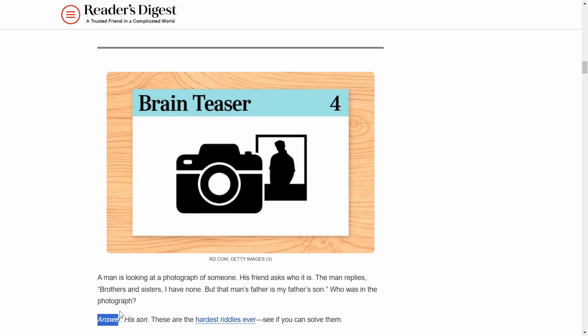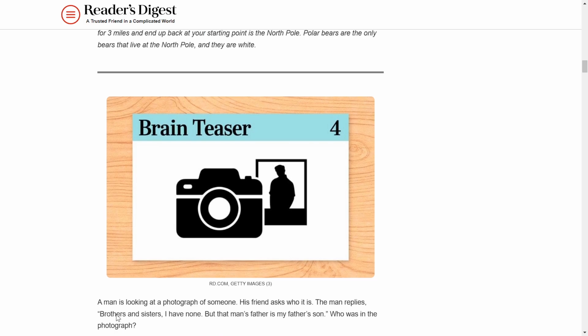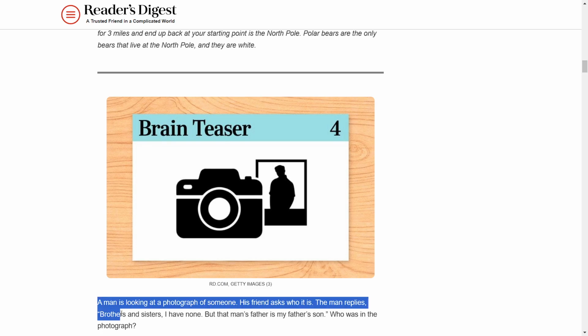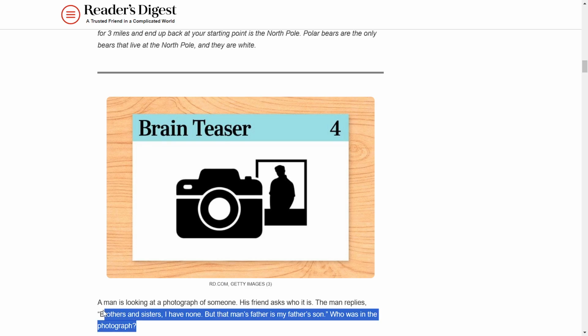His son. Once again, I get it. That man's father is my father's son, so the person in the photograph has a father. That father is either the brother or sister of the person talking right now, and that means it's the son of the person talking. I get it.